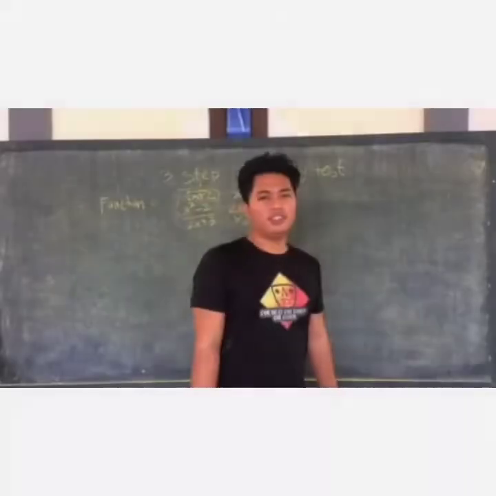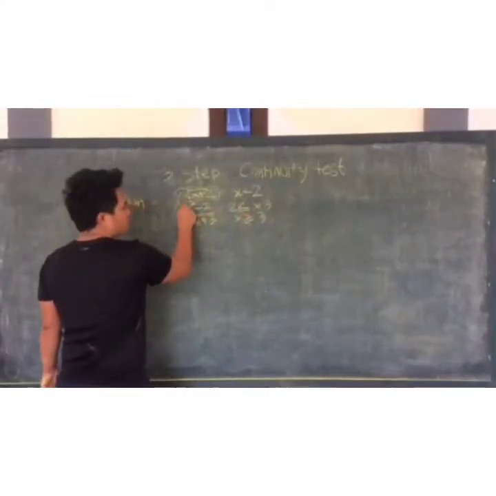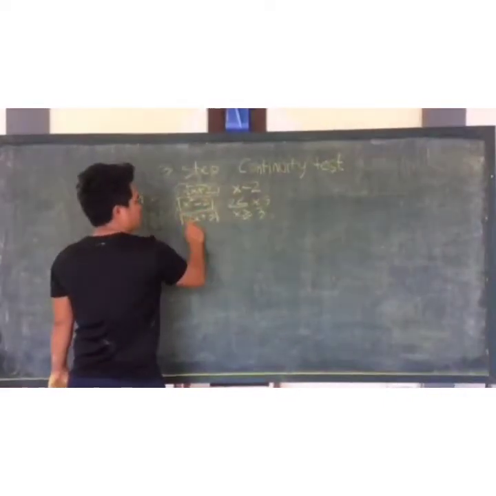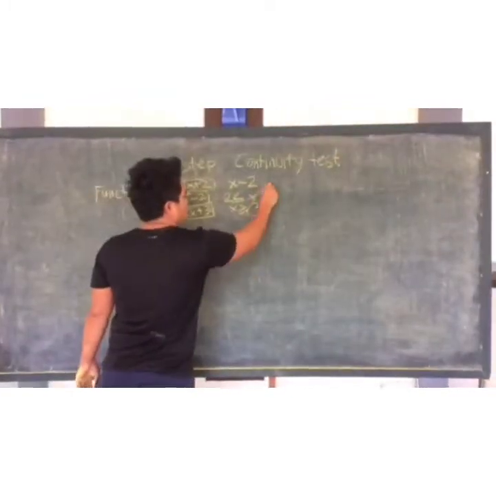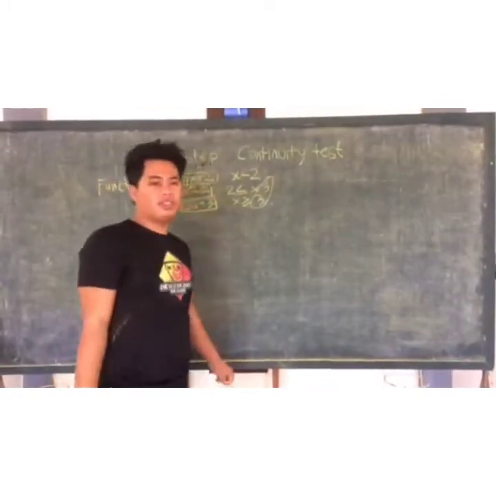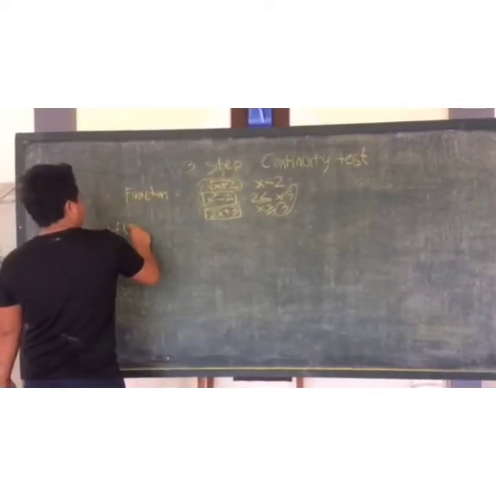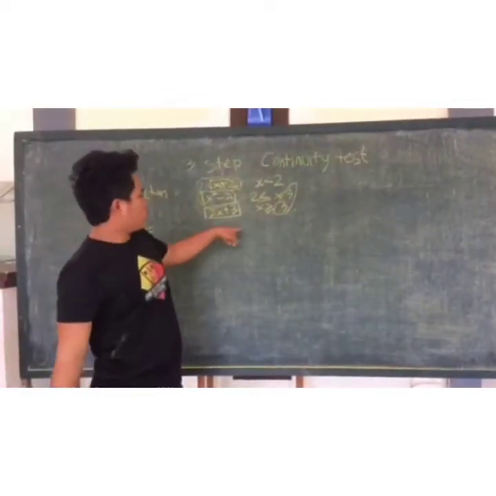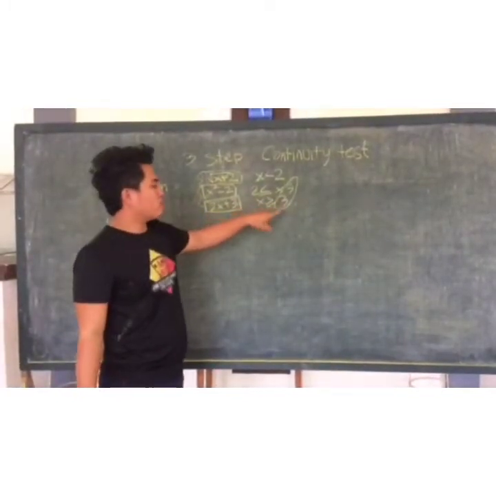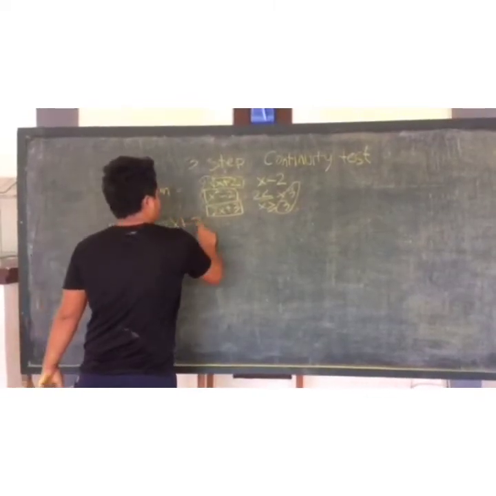Next, we solve for x equals 3. We use this function because x is greater than or equal to 3, so f of 3 is 2x plus 3.